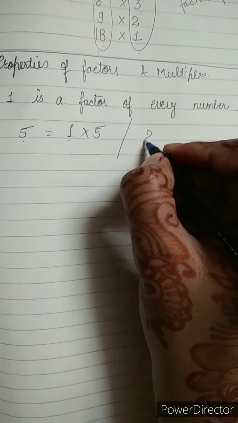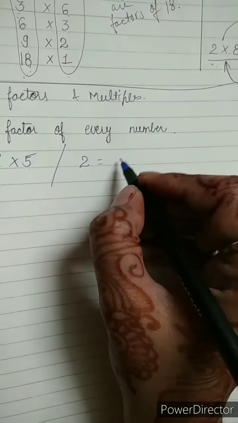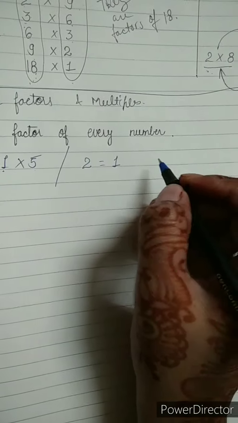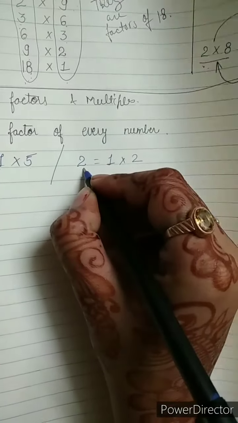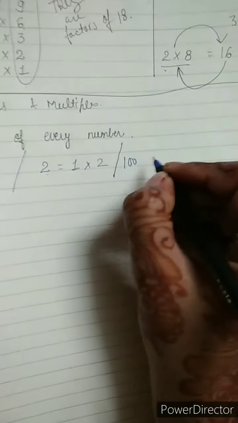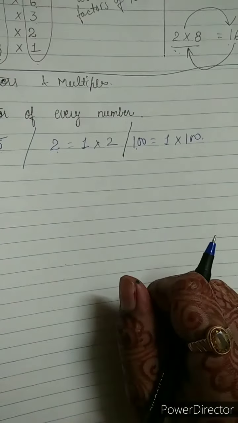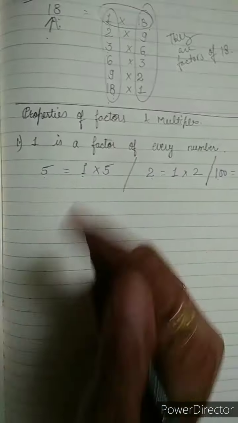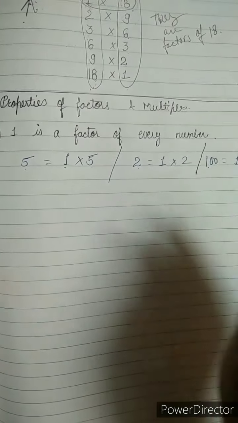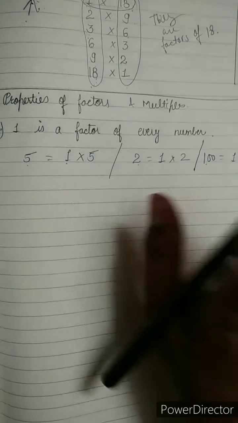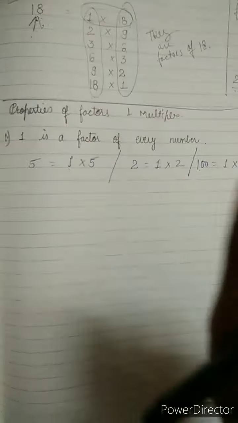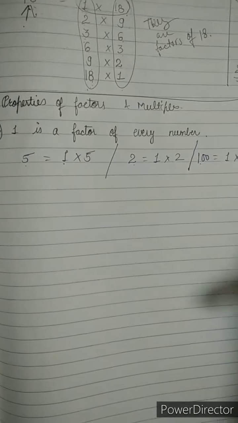If I take 2, in the table of 1, 2 will come, so 1 2s are 2. If I take 100, 1 into 100 will make 100. That's why 1 is a factor of every number. Whatever the number is, 1 will definitely be a factor.